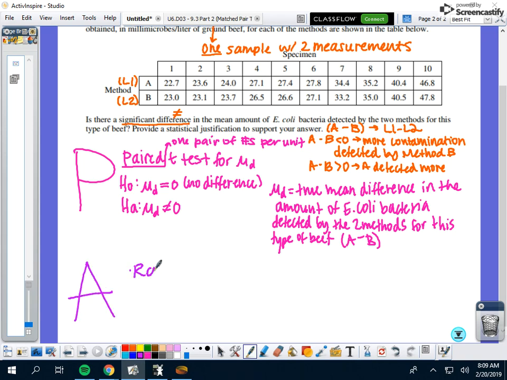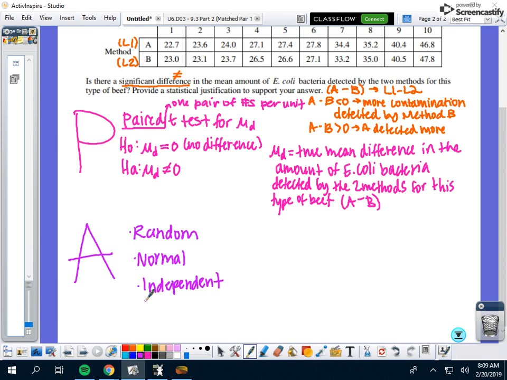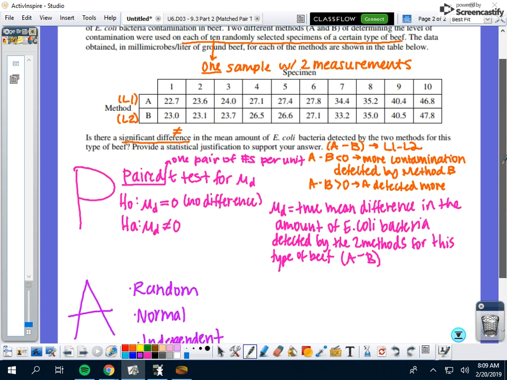So we have random, normal, independent, and alpha. We're looking at the top for random.